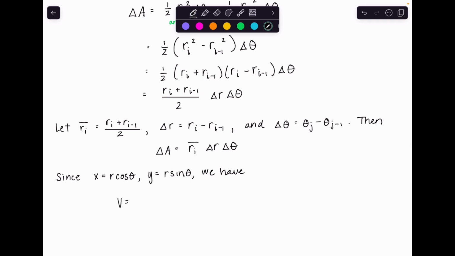the volume of the solid is given by the double integral over the region R of our function dA.